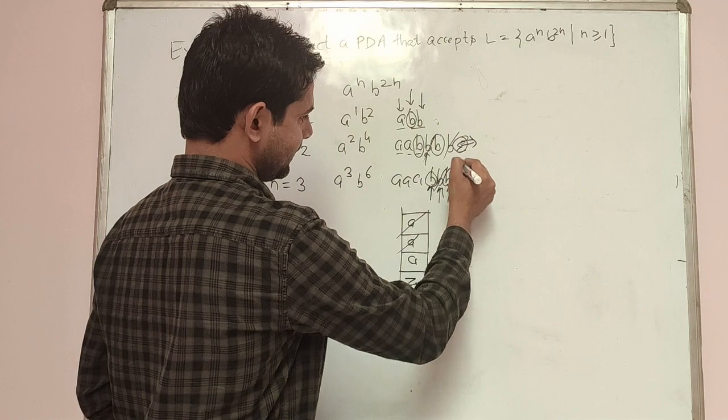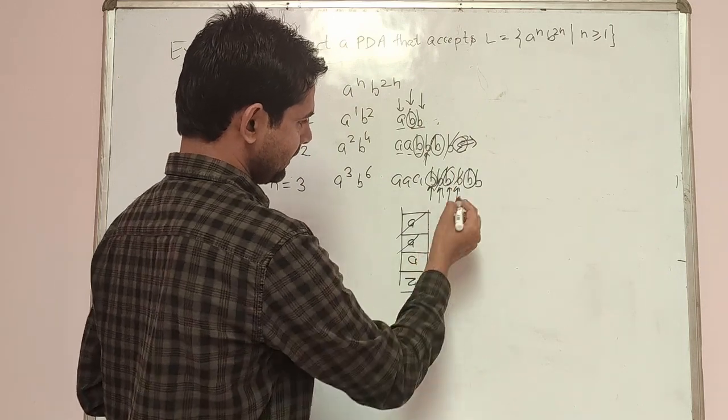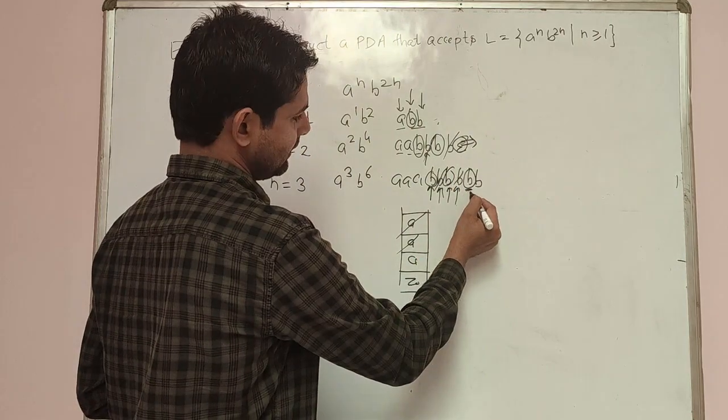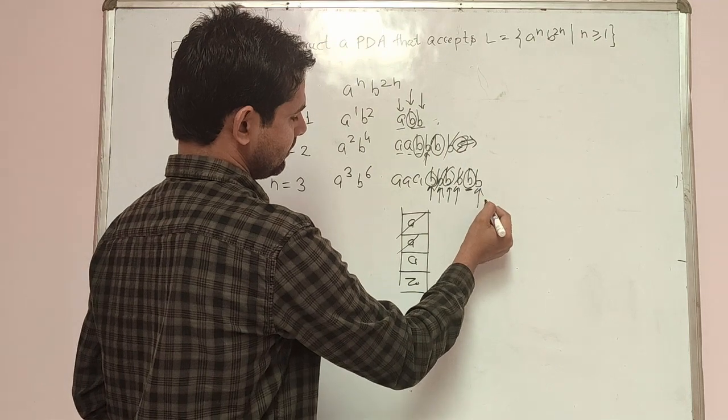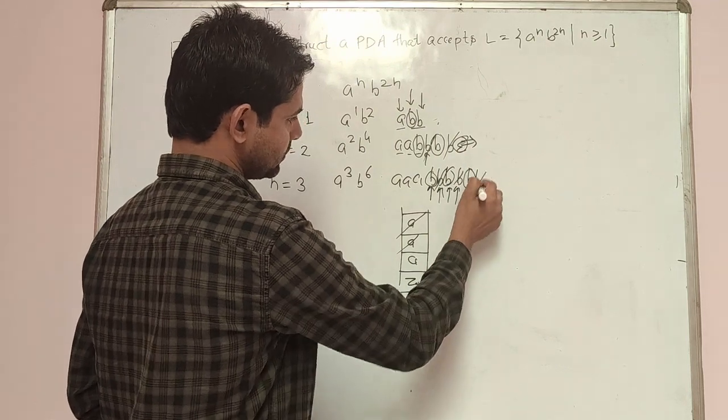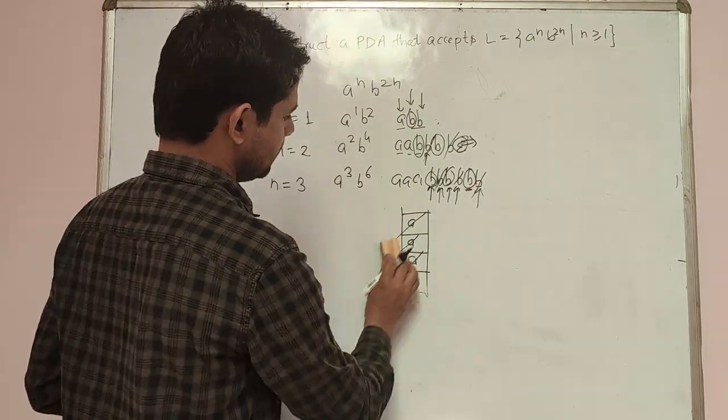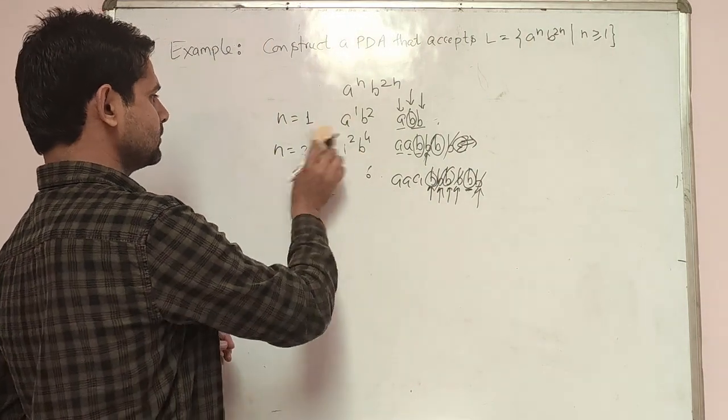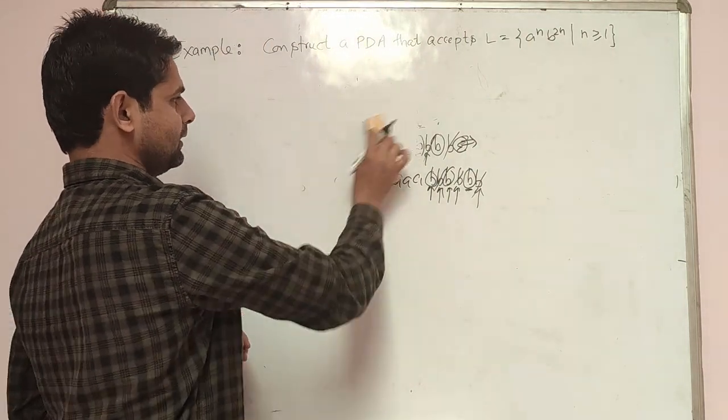And again this one is the first B, so we will just scan it and move forward. After that we have the second B, and for the second B, we will pop this one. So that will be the logic for solving the problem.